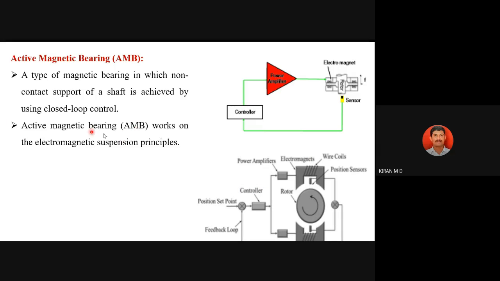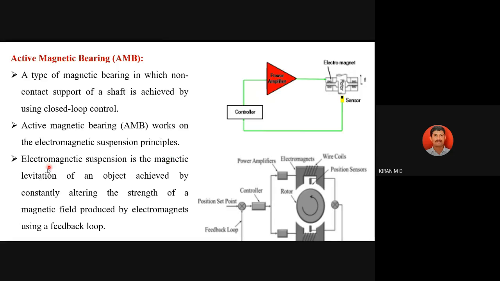The active magnetic bearing, also called AMB, works on electromagnetic suspension principles. Electromagnetic suspension is the magnetic levitation of an object achieved by constantly altering the strength of the magnetic field produced by electromagnets using a feedback loop.